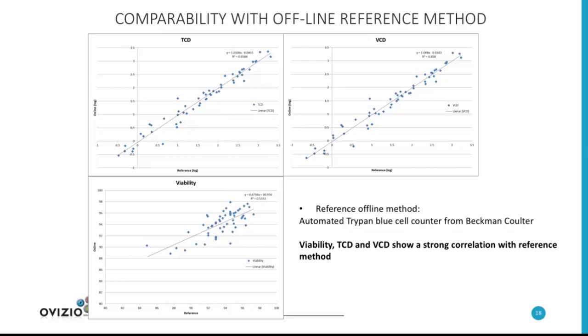For viability, it's a little bit less, mainly because all viability measurements are somewhere between 90 and 100%. That means there will already be a big offset when one method measures, for example, 93%, while the other measures 94% viable cells. But the strong conclusion of the experiment that we did together with the customer was that the viability, the total cell density, and the viable cell density show a very strong correlation with each other.